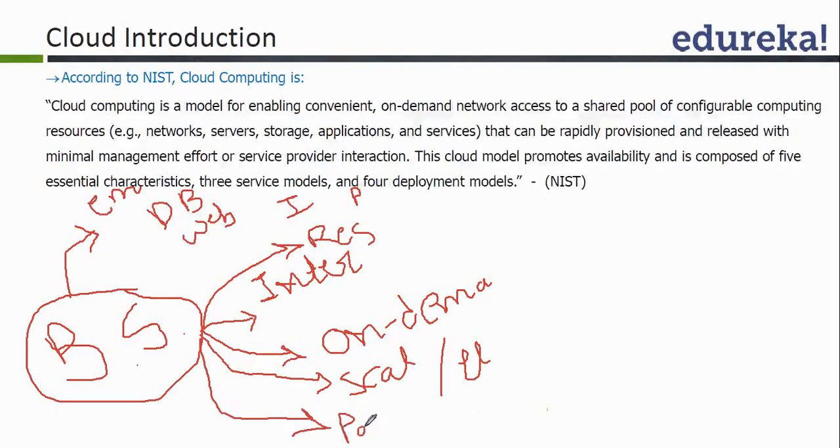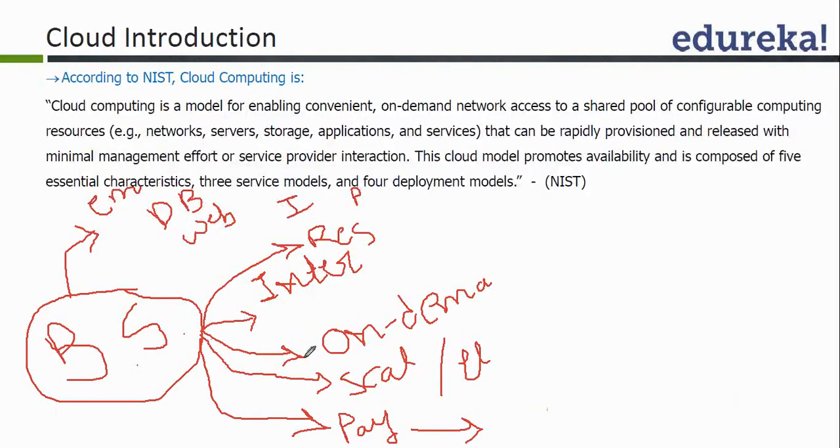Pay-as-you-go model means whatever service you are using, you are charged for only that part. If you are using it for 3 hours, it charges you for 3 hours. If you use it for 20 hours, it charges for 20 hours. If you are using it for 10 users, it charges for 10 users. If you are using it for 30 users, it charges for 30 users. Any business service which is available over the internet, on demand, so whenever you require it, it should not say, oh, wait for 10 days, I'll get you.